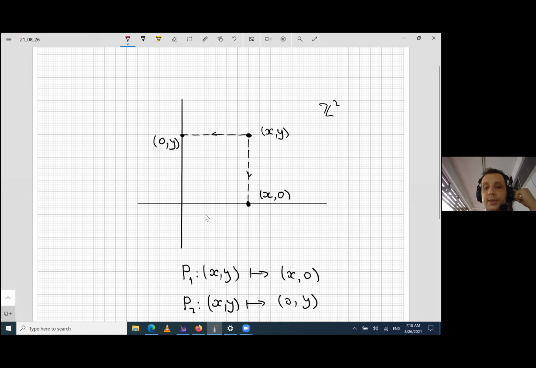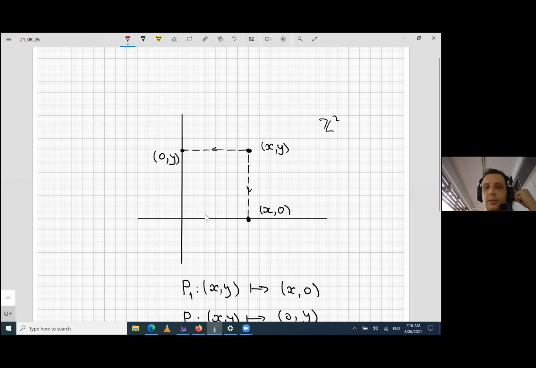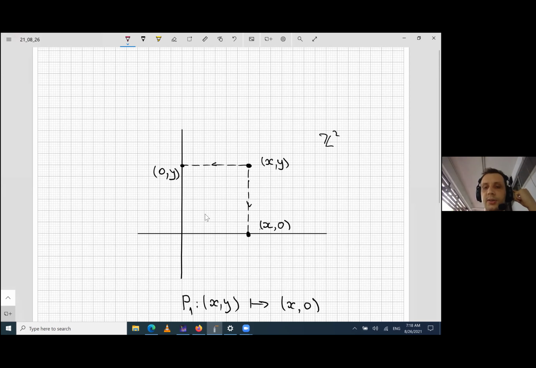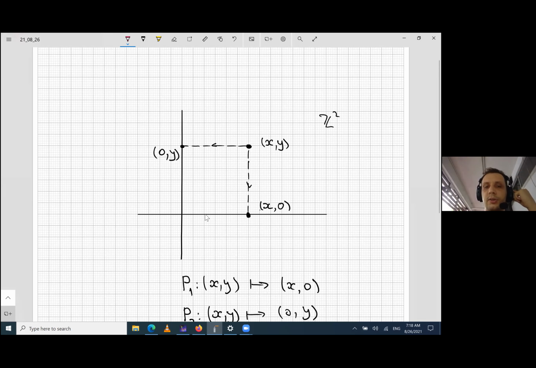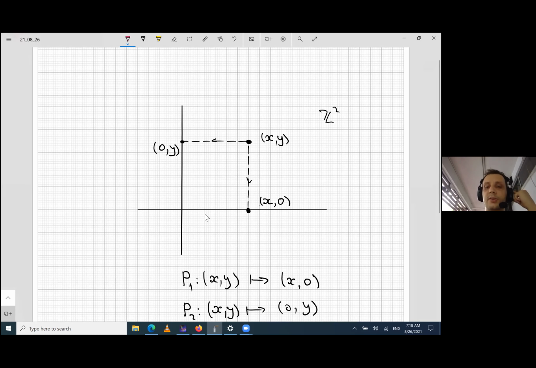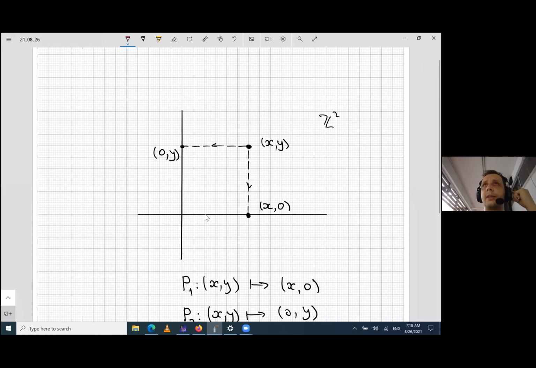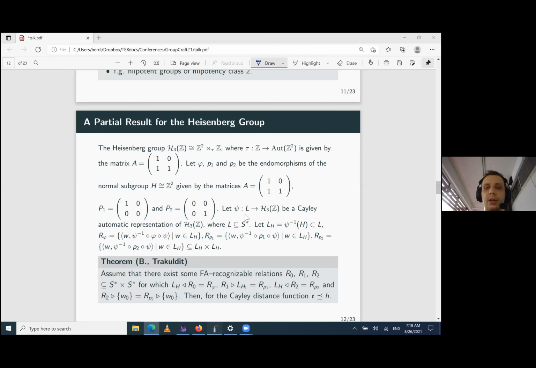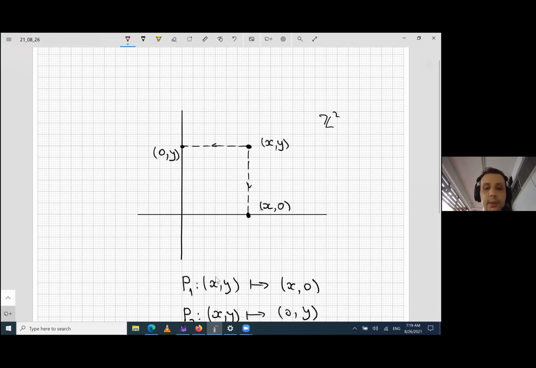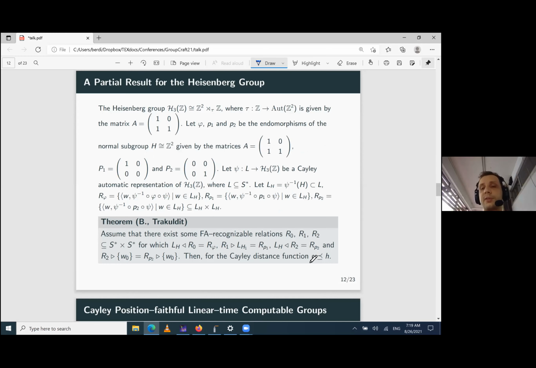And you have these projections, right? So from (x, y) you project to (x, 0) and (0, y). If you assume that these projections are finite automata recognizable, then you can prove that this Cayley distance function is bounded from below by the exponential function.